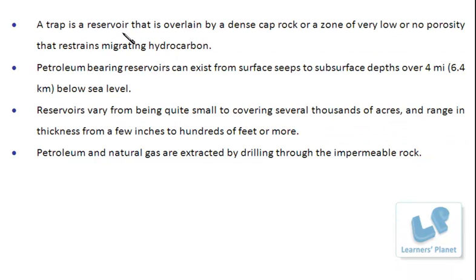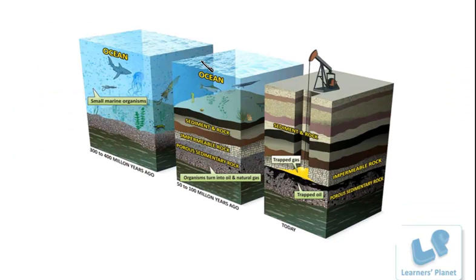A trap is a reservoir that is overlain by dense cap rock or a zone of very low or no porosity that restrains migrating hydrocarbon. Now the trap where the oil finally comes has no porosity and thus restrains the further movement of oil. See, here you can see the oil and natural gas moving through the pores of the porous sedimentary rock.